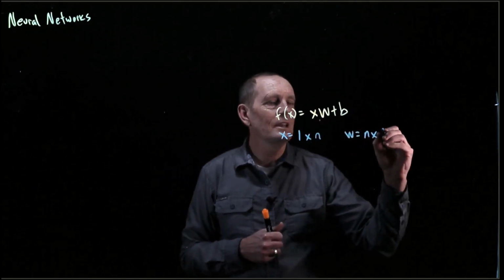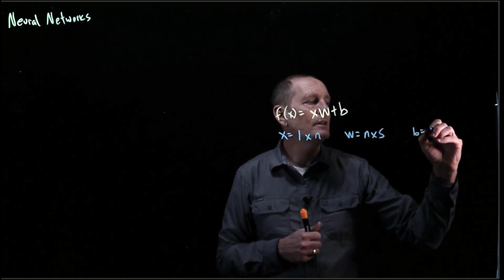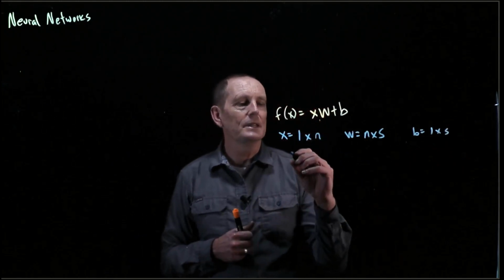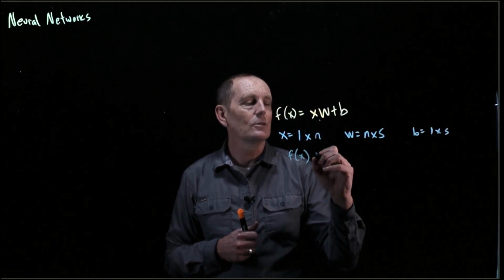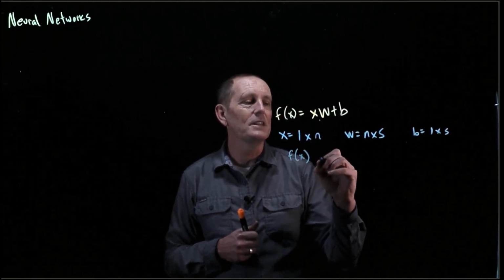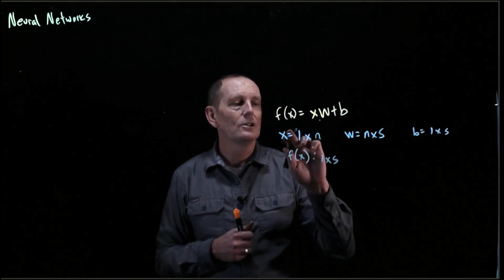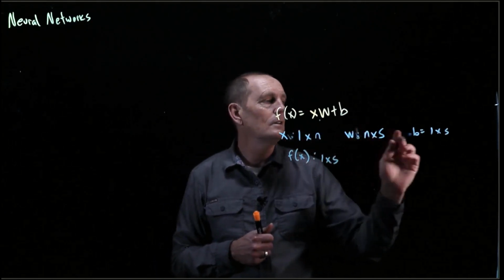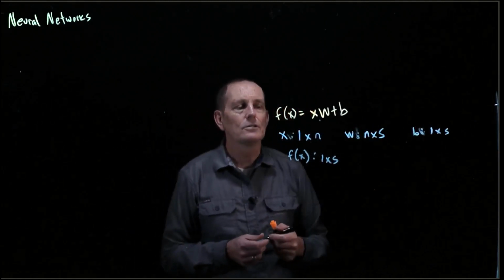So W is going to be an n by S, and B is going to equal a 1 by S. And so that means f of x is going to equal a 1 by S. And when I say equal here, I mean that the dimensions are going to be a 1 by S.